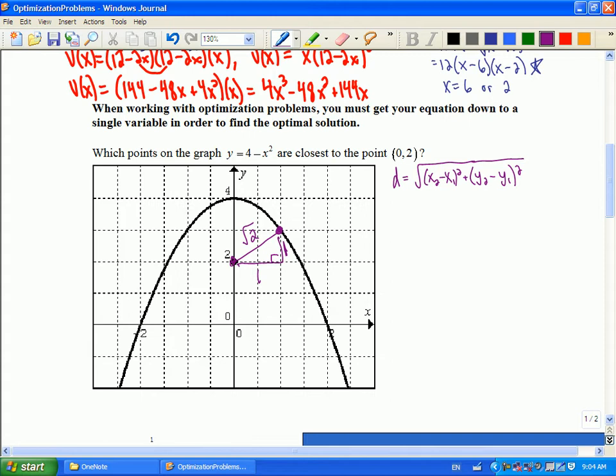So here's our distance formula that we're going to use. But it says very specifically that it's not talking about any old point. We're talking about the point (0, 2). So how could I update my distance formula?